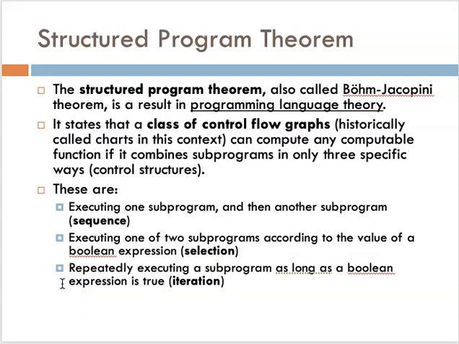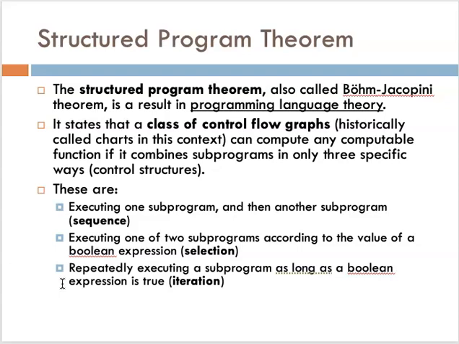It's also called the Bohm-Jacopini theorem, and it's a result in programming language theory. And it says that there's a class of these control flow graphs, which used to be called flowcharts in this context, that can compute any computable function if it combines these subprograms in only 3 specific ways.